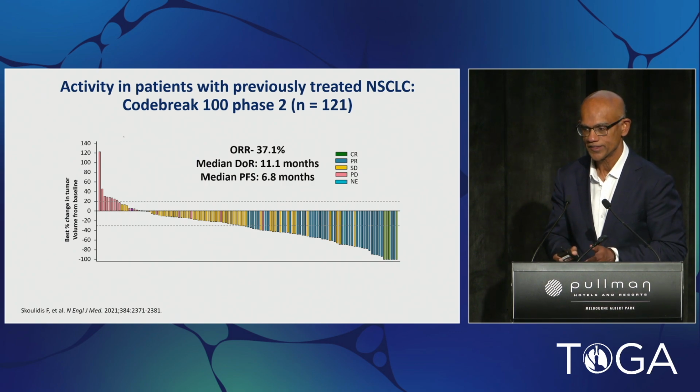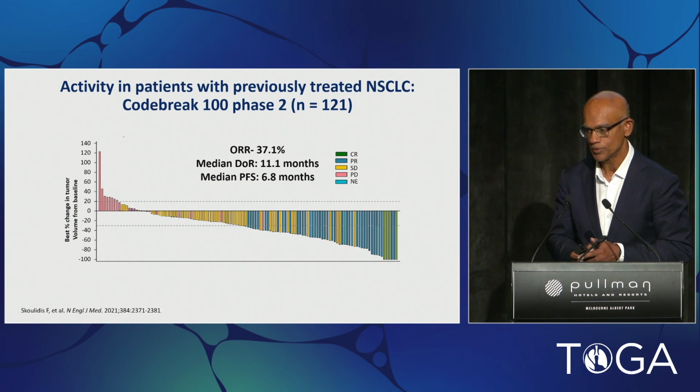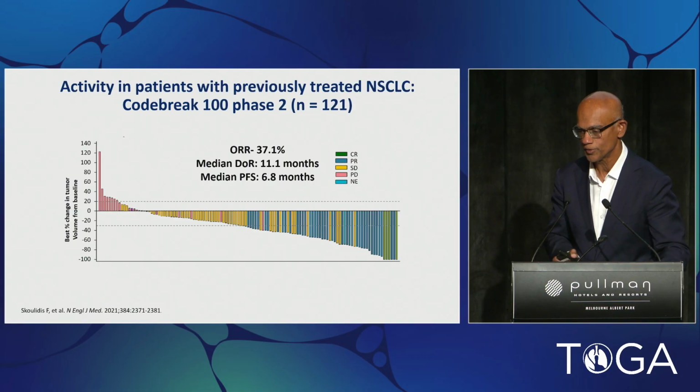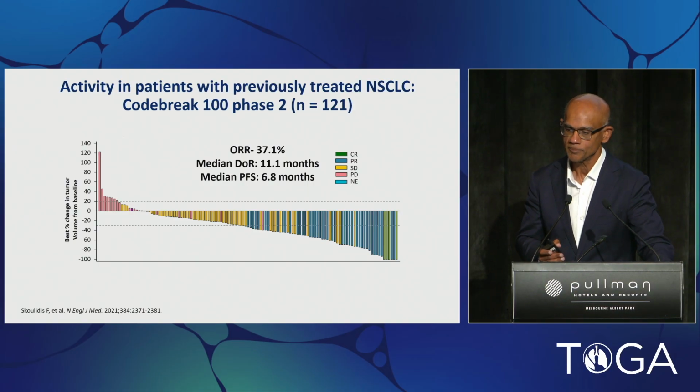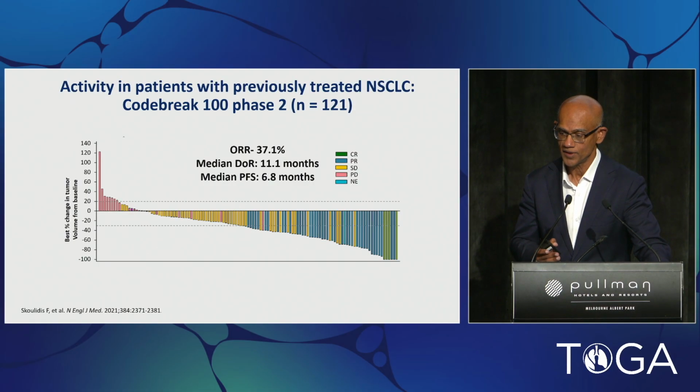These are the data with sotorasib in patients with G12C mutation-positive non-small cell lung cancer, an objective response rate of 37%, median progression-free survival of 6.8 months, but only remarkable because this was KRAS, and this is very different to what we've learned to expect with targeting other oncogenes.